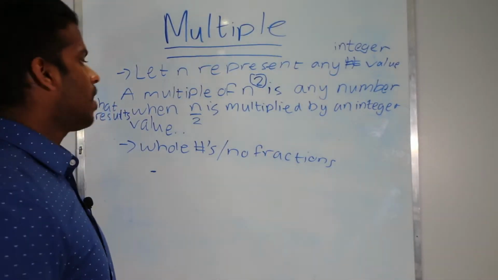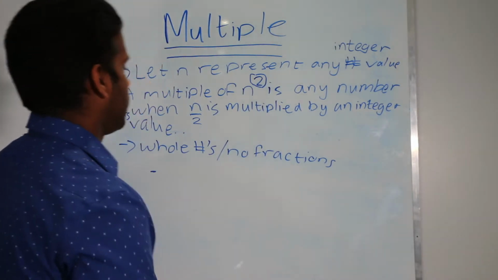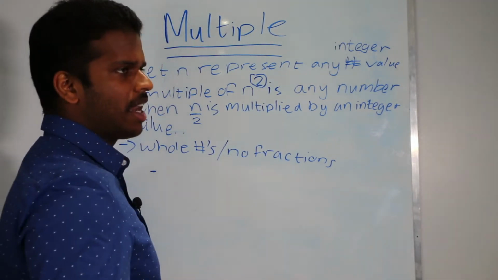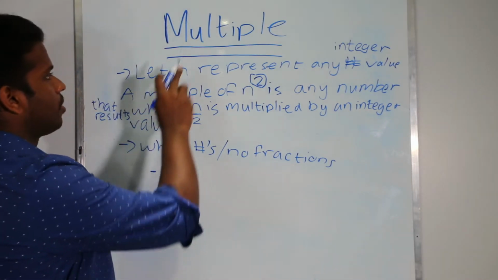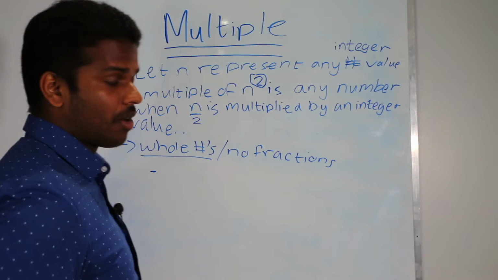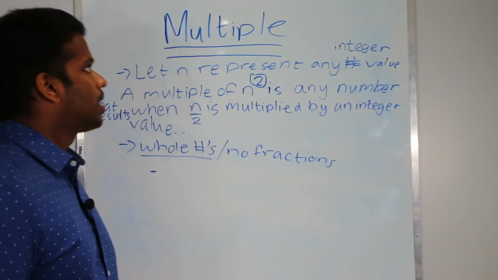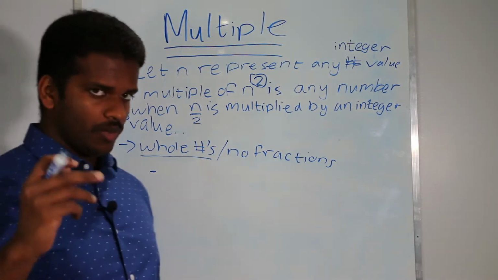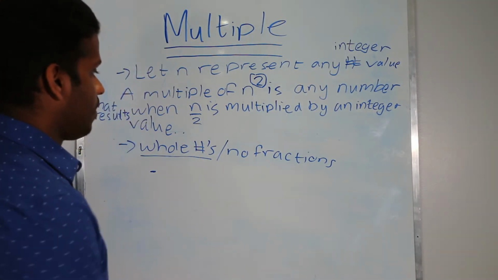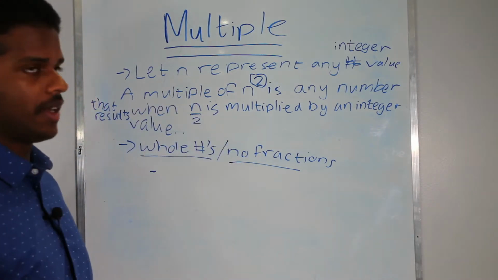It's like our multiplication table, because the word multiple comes from multiplication. Multiples are always whole numbers. They can be positive or negative, but they have to be whole numbers, not fractions, similar to what we did in factors. Even though we use them for fractions, multiples themselves are not fractions at all.